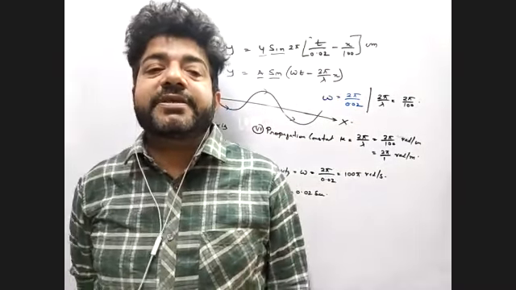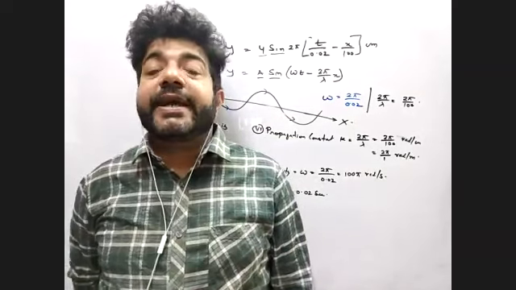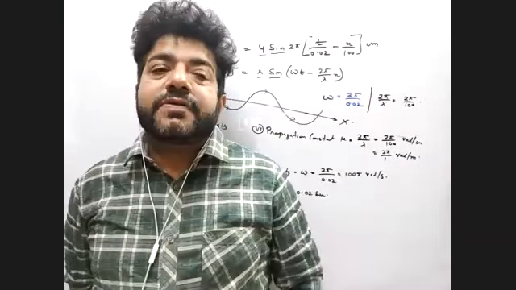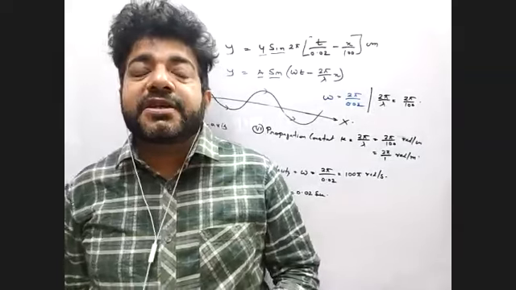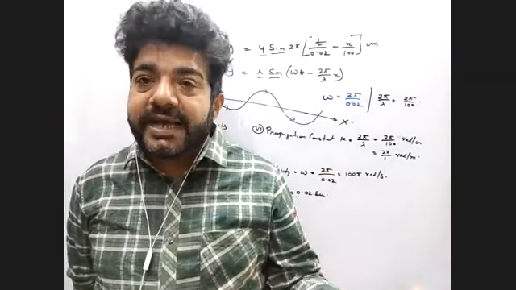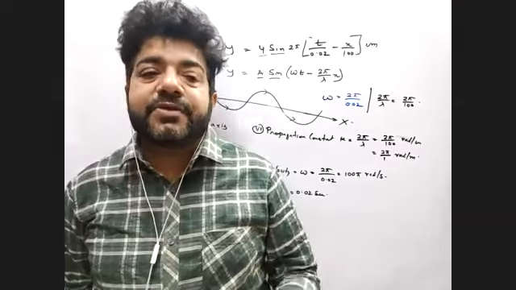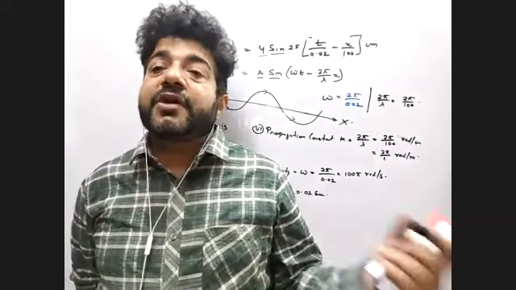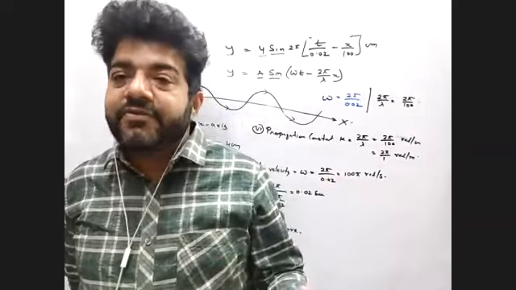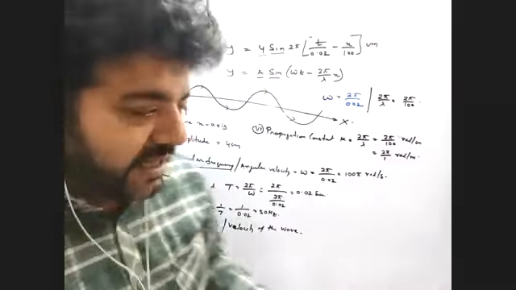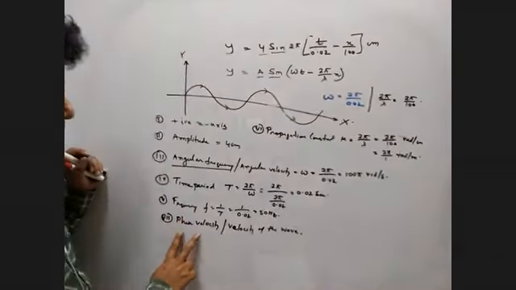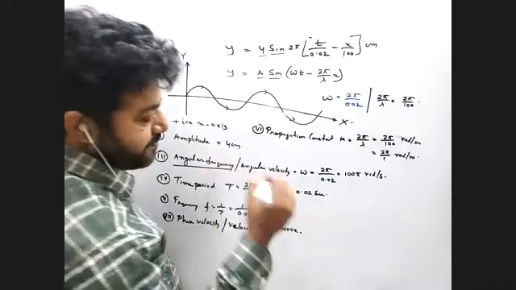Velocity of light wave is 3 into 10 to the power 8 meter per second. Speed of sound in gas is different, in water is different, in liquid is different, in solid is different. So for different medium, you have different speed. That is called the speed or the phase velocity.